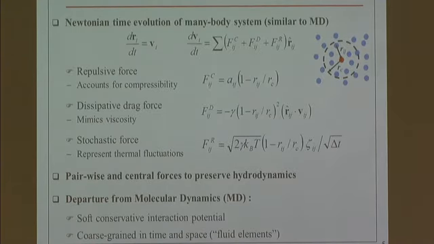The method is actually based on three forces. So again, these are forces that act on each DPD particle, and this is Newton's equation of motion that we need to calculate to track the evolution of each particle. So it's pretty much the same as what we would do in molecular dynamics. Now the forces we have are, first, the repulsive force, which is essentially a conservative force, and this is given by this linear potential, so it's a soft force.